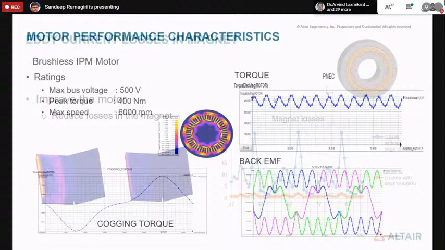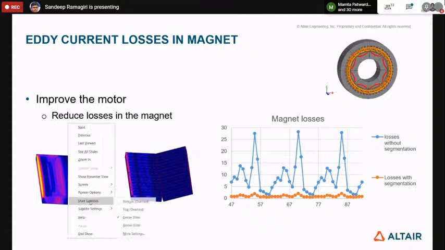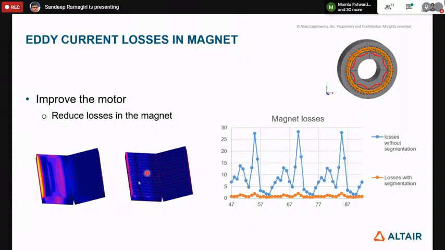Once you compute that, we can also do some advanced simulations, for example if you are targeting to minimize the losses. This was one of the cases which we did for the Toyota Prius 2004 model. If you see the flat magnet, the eddy current losses in the magnets are high. So the losses are concentrated in this region. And if you consider the segmented magnets, I've segmented the magnet in the axial direction.